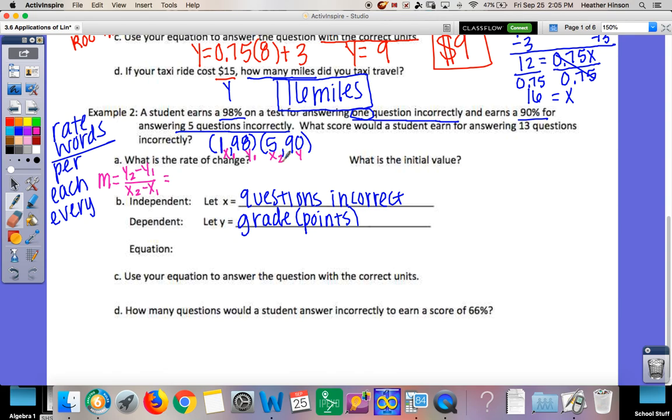The second point are your 2s, x2 and y2. Then you're going to plug it in. Y2 is 90 minus Y1 is 98 over X2 is 5 minus X1 is 1. Then we just plug it in.